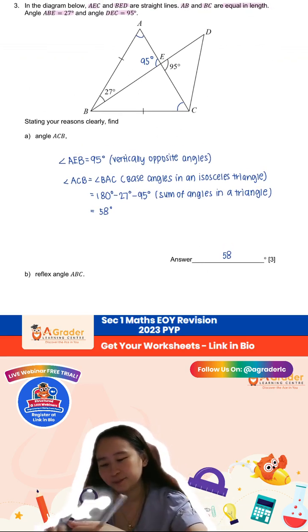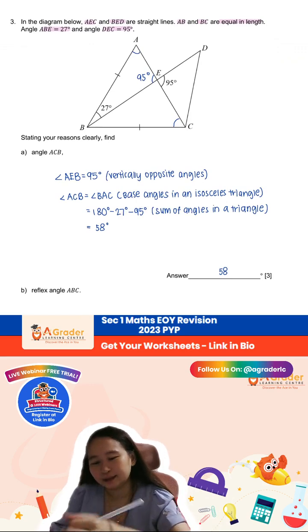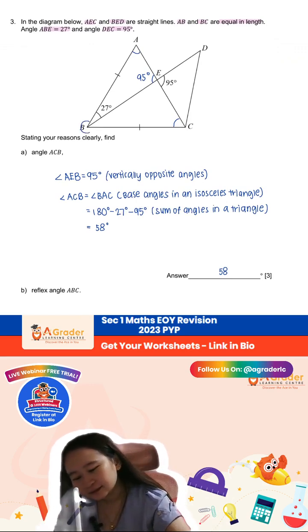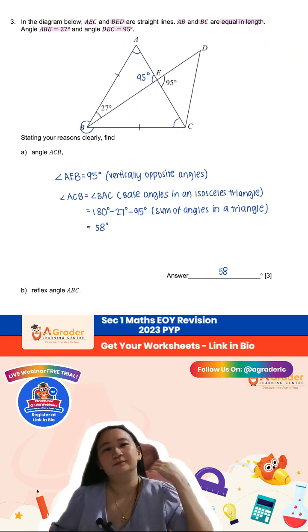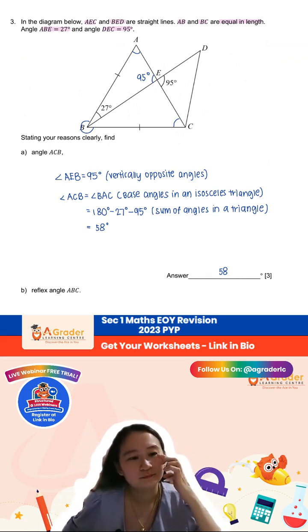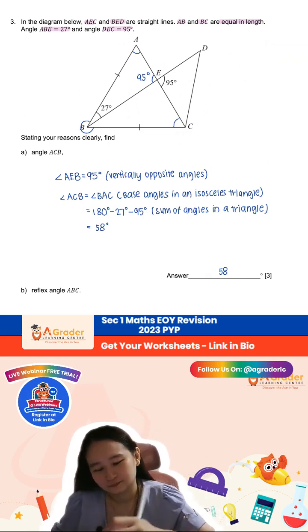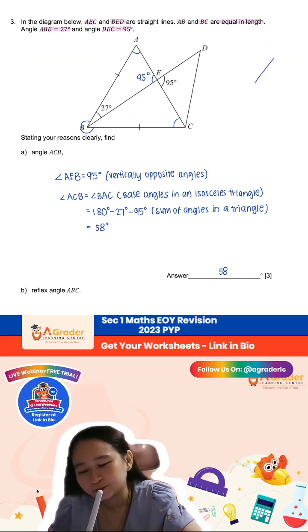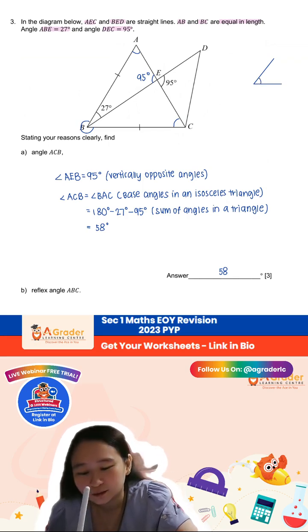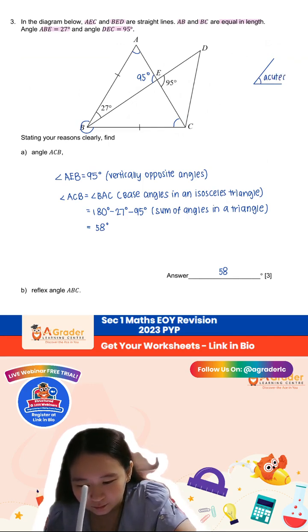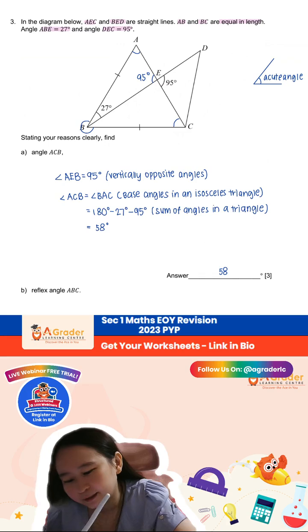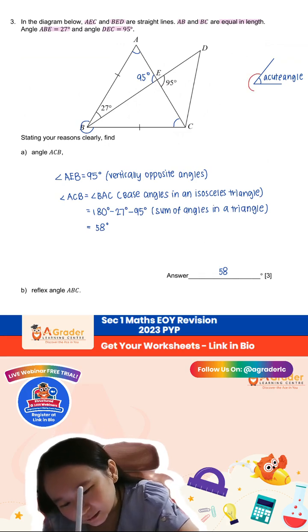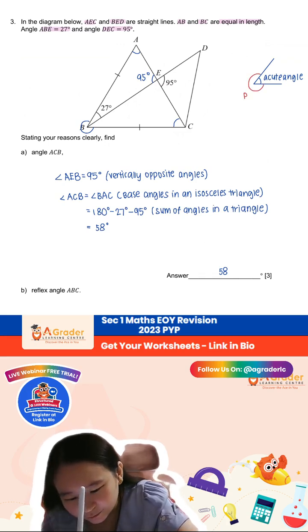Part B, angle ABC. So what they want is this angle here. So let's say you have this angle. An angle is formed by two straight lines, right? So this is your acute angle. Then the reflex angle will be here.